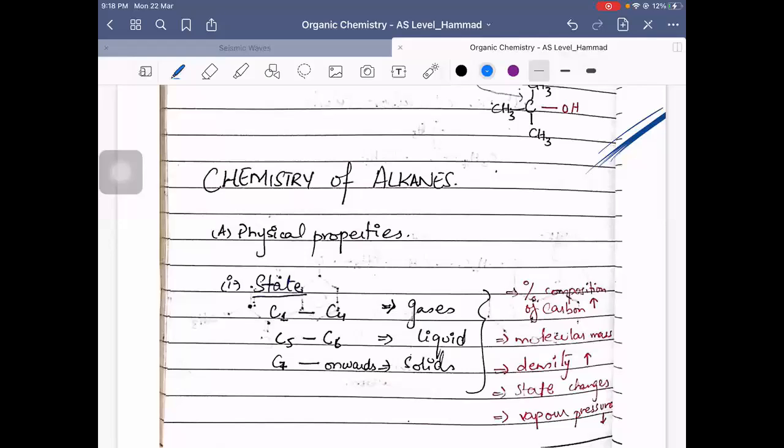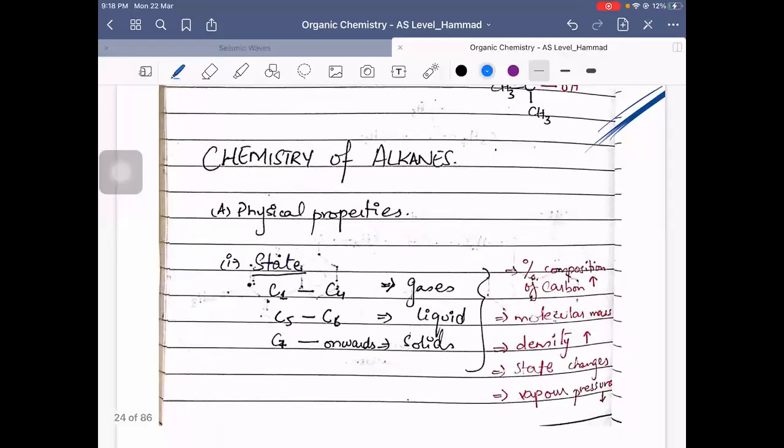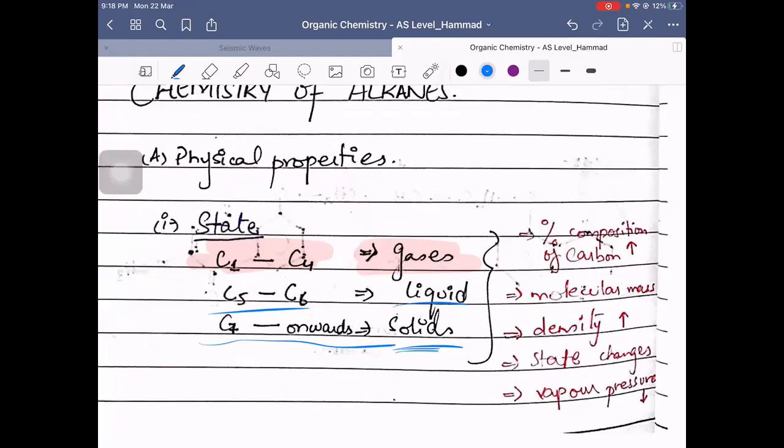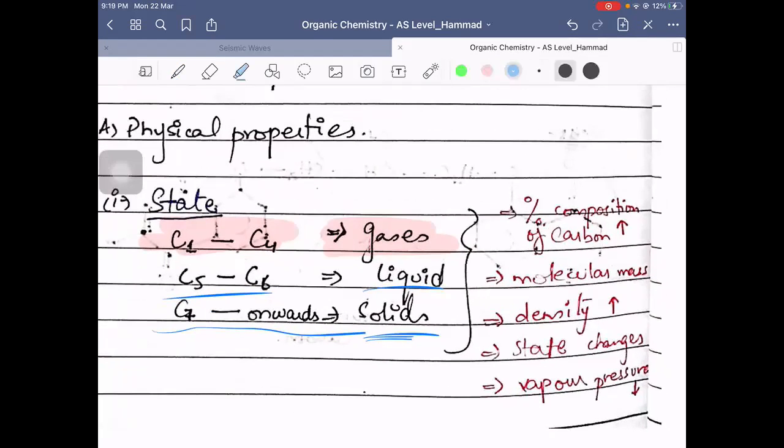Chemistry of alkanes. Physical properties. You need to understand that carbon 1 to carbon 4 will consist of gases. Carbon 5 to carbon 6 is liquid, and as we keep on increasing, it converts into a solid. Please understand that the percentage composition of carbon is increasing because the carbon content is increasing, as we can see here.